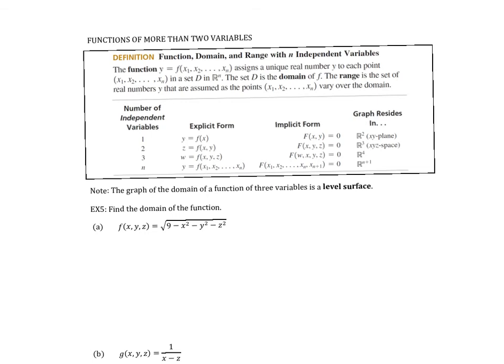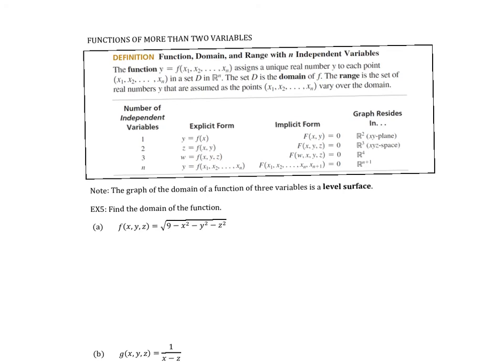The problem is, let's say we add some w. So now our equation has an x, y, z, w. The problem is I don't know how to graph that. I barely know how to graph in 3-dimensional space. But once I'm in 4-dimensional space, that's a little weird. However, we could still do the math there. We could still find domains.